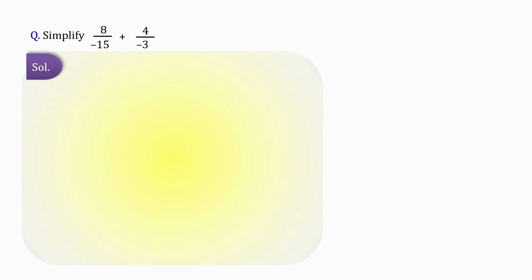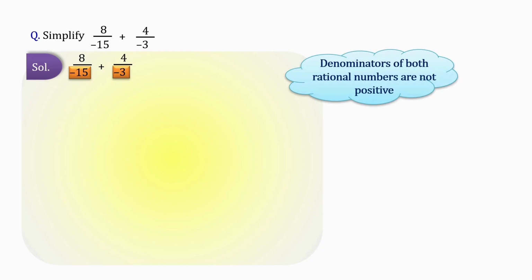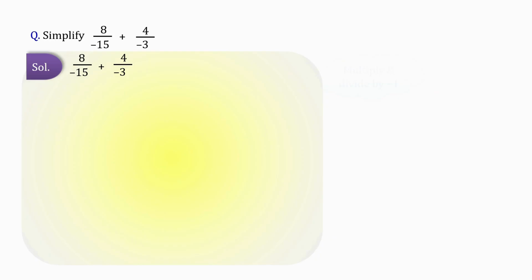Module 11. Simplify 8 by minus 15 plus 4 by minus 3. So let's take step by step approach. So here denominators of both the rational numbers are not positive.